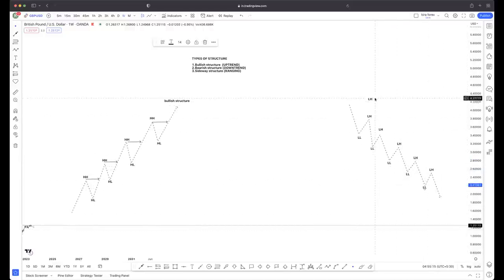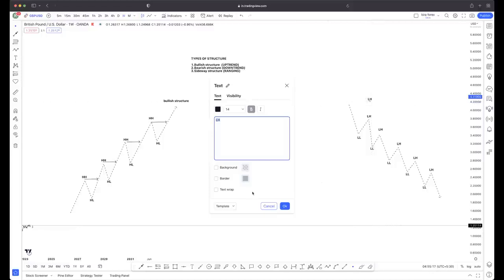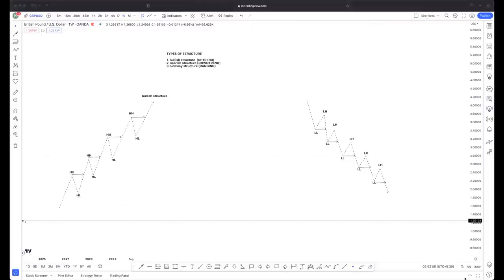Like I said, we have a series of lower lows and lower highs. How do we get this? We get this when a lower low breaks a low to form another lower low. As you can see, this one broke this one to form this. This also broke this to form this. This also broke this to form this.